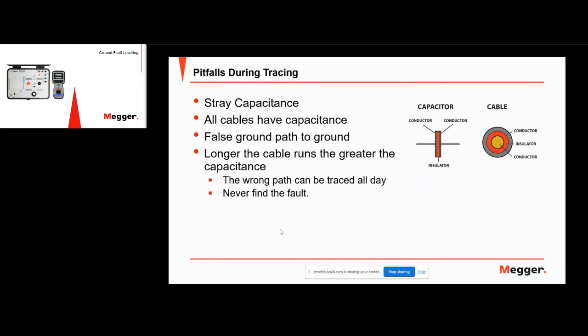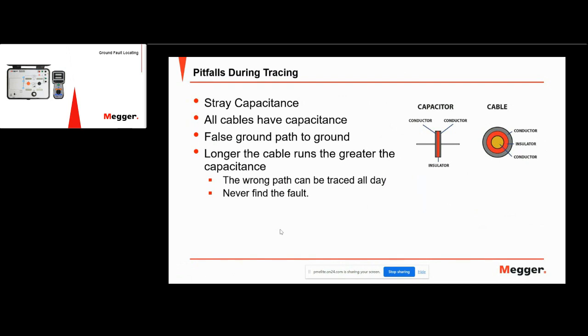Now remember, we're tracing on a DC system. So we're going to be inputting either a DC pulse or an AC signal. To DC, once the capacitance charges up, it no longer presents a path.